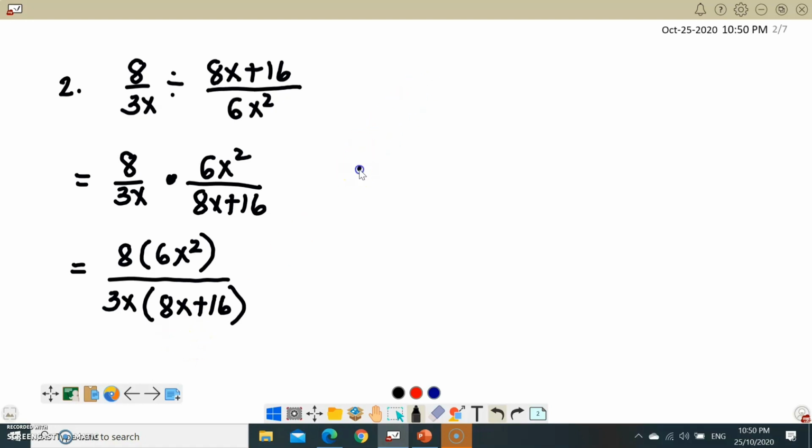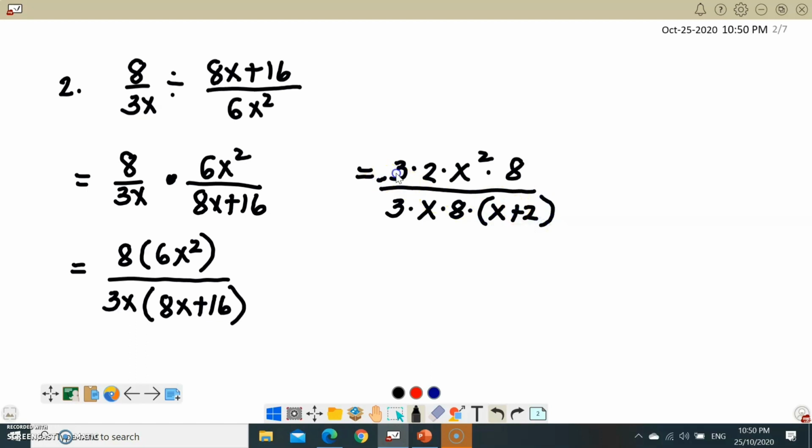So we have factors of 6x squared, which is 3 multiplied by 2 multiplied by x squared, multiplied by, we still have 8, over factors of 3x, which is 3 multiplied by x, then factors of 8x plus 16, which is 8 multiplied by x plus 2. So we cancel 3 and 3, the quotient is 1.